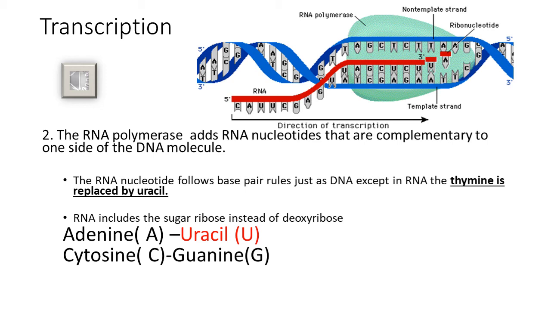And so on. RNA is formed by using the RNA polymerase enzyme that adds RNA nucleotides that are complementary to one side of the DNA molecule.